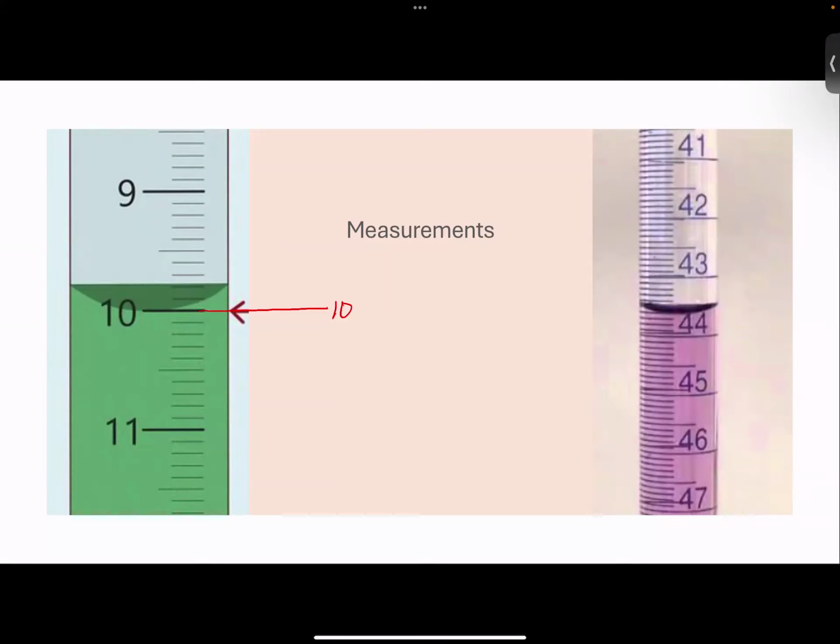Yes. That means I have to include the 10th place. Can I read 10.01, 10.02, 10.03? Is there a mark for those? No. That means that that is my estimated digit. So I'm going to need 2 decimal places. Now, because this looks to me to be perfectly on the line, I would record that as 10.00 milliliters.